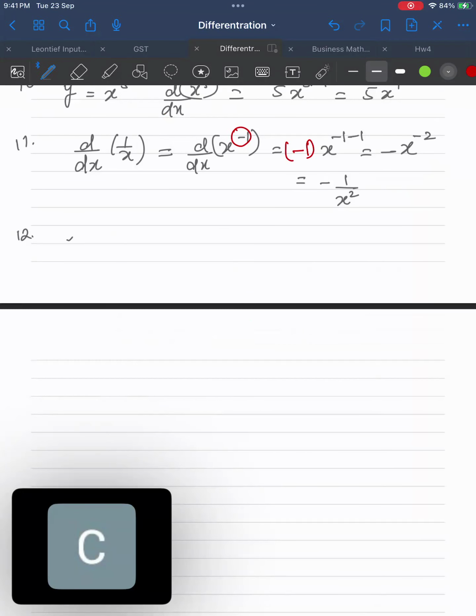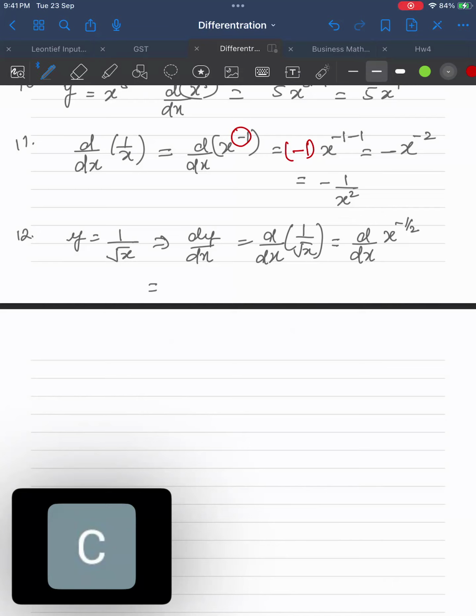Let's take another example. Suppose y is equal to 1 upon root x. In that case, dy by dx would be d upon dx of 1 upon root x. Can I write it like this? d upon dx of x power half. Now it will be easy.